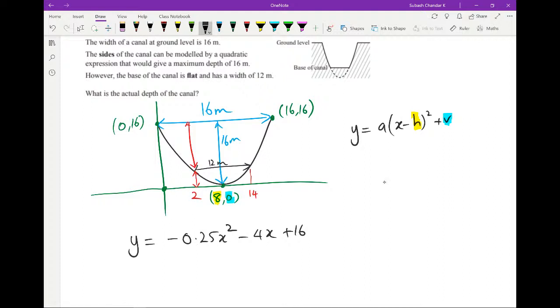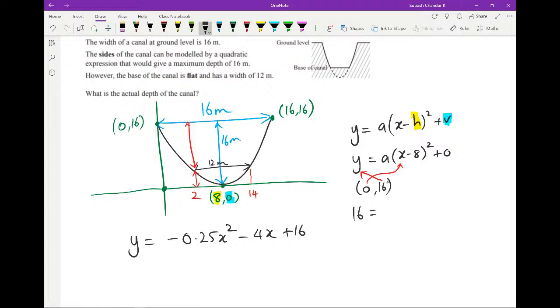So we can rewrite this as y equals a(x minus h) squared plus 0, and then substitute the point. It could be 0, 16 or 16, 16. I'm going to use 16, 16. No, actually, I'm going to use 0, 16, which means 0 gets substituted here, 16 gets substituted here.